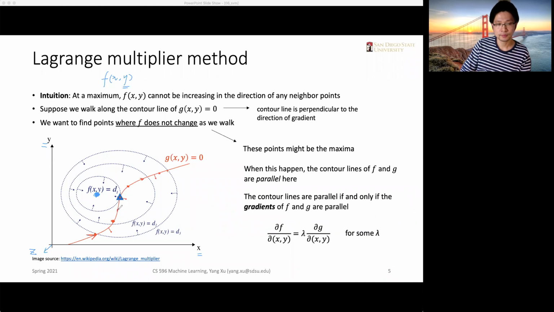We can see from this graph, if you look at the blue arrows here, those arrows are the gradients, the direction of the gradients. That points to the maximum of the f function.